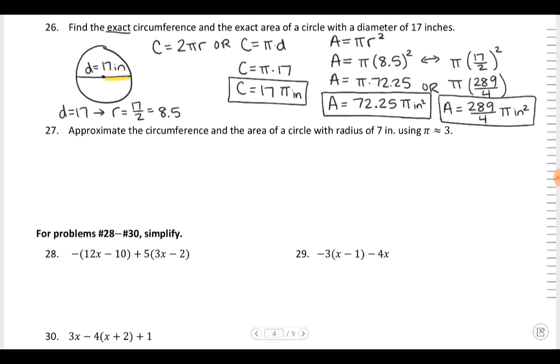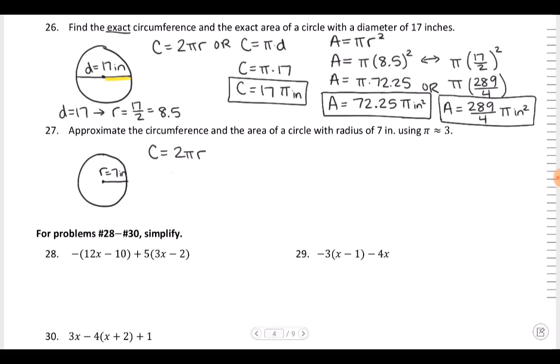Okay, approximate the circumference and the area of a circle with radius of 7 inches using pi equals 3. It's kind of a strange number to use for an approximation, but it is an approximate value, so if you're just getting a general approximation here, then it says the radius is 7 inches. So circumference, again, is 2 pi r.